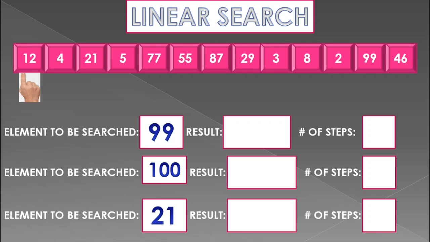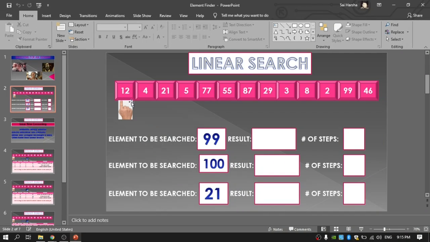Linear search is also called sequential search, and as the name implies, I'm going to perform the search one after the other. If I want to search for 99, then I have to compare 99 with 12, and then 4, and then 21, and then 5, and then 7, and then 55.